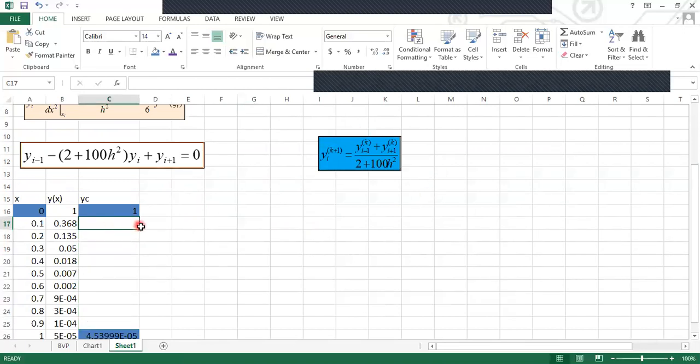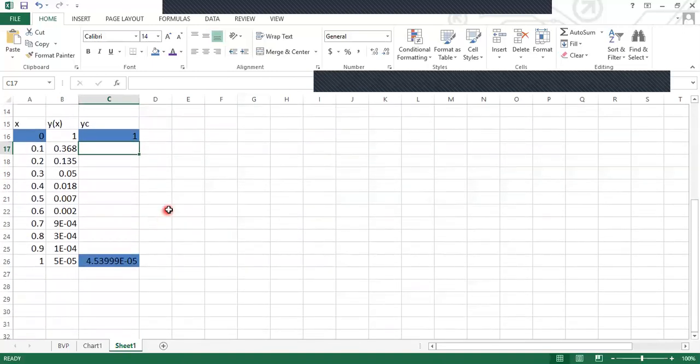So for example, if we like to see the graph of this y of x, it's a kind of decreasing function. So let me select a value as 1 minus x. It's a decreasing straight line.